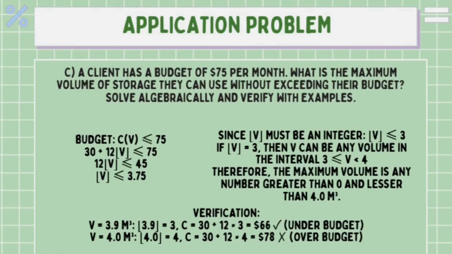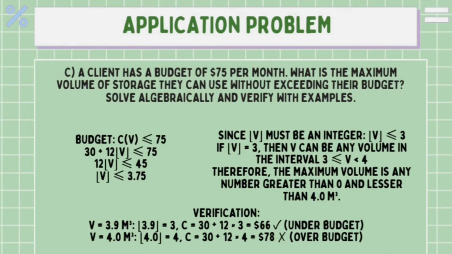Now let's look at the last question. A client has a budget of $75 per month. What is the maximum volume of storage they can use without exceeding their budget? From the scenario, we learned that the client has a budget of $75 per month. So we get the inequality that C of V is smaller than or equal to 75.